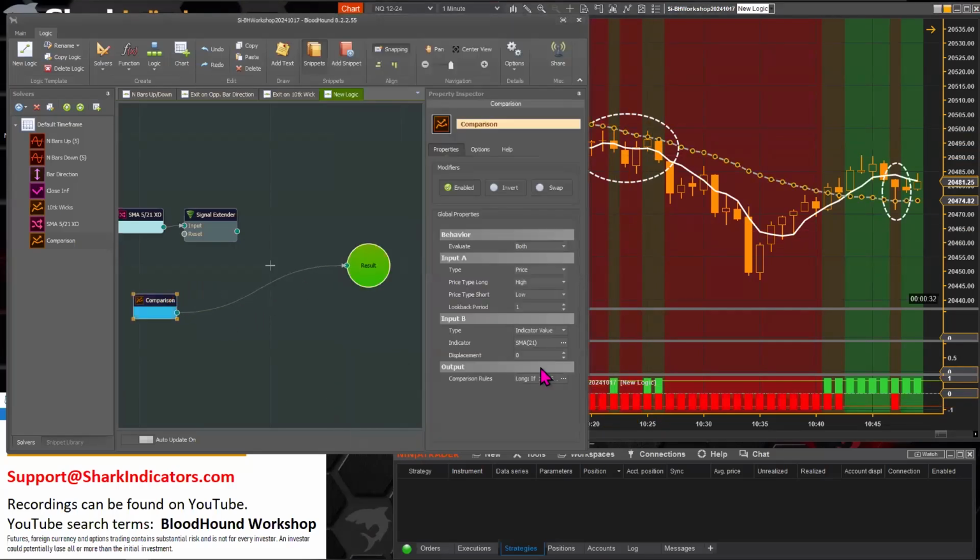So now we want to filter out those bars that are touching. But first, let's name this. So this is identifying bars touching the SMA21. Now let's filter out those bars.